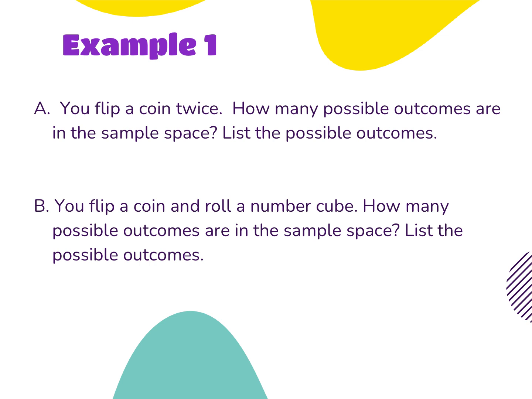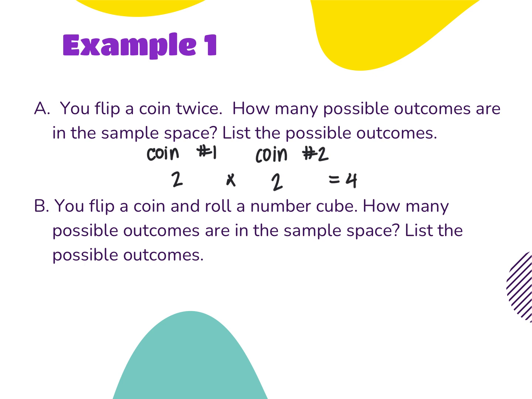So think of it this way, please. My coin flip, I have 2 sides, and then I'm flipping a coin again. I'm going to also get 2 sides. So how many total possible outcomes? I'm multiplying them. I'm going to end up with 4 possible outcomes.